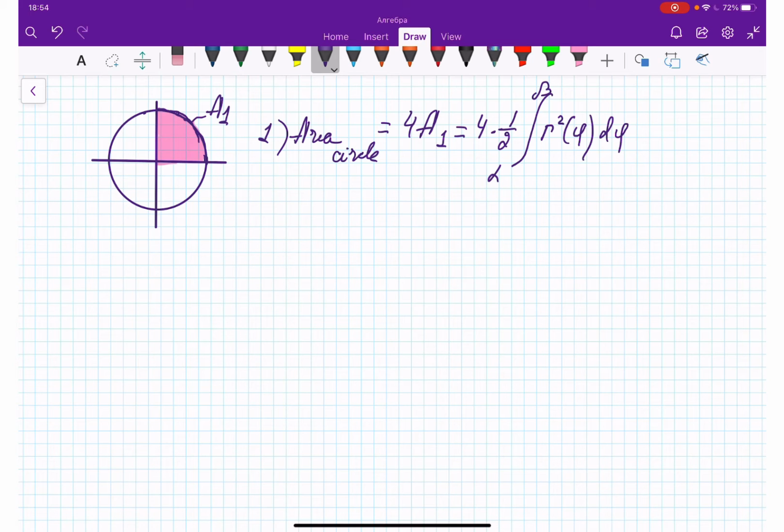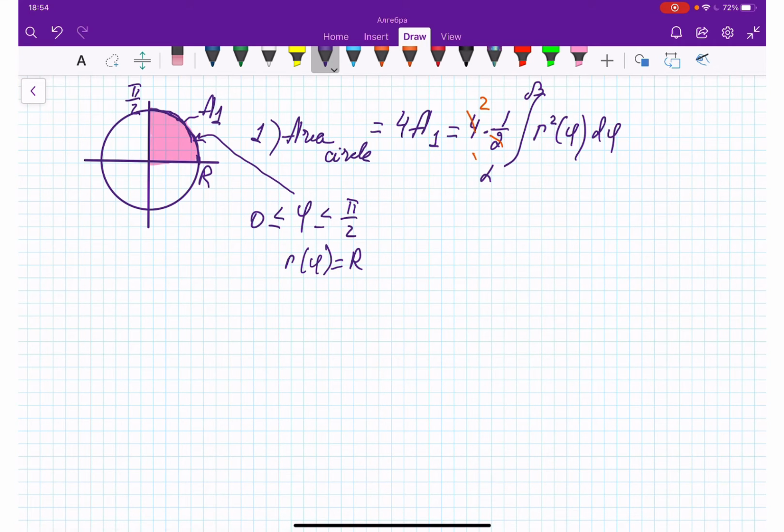Here this is this angle, this is radius r, and our phi is changing from 0 to 1/2 pi, the first quadrant, right? And r of phi is going to be our radius, uppercase R.